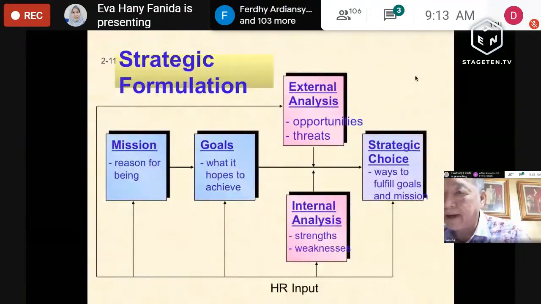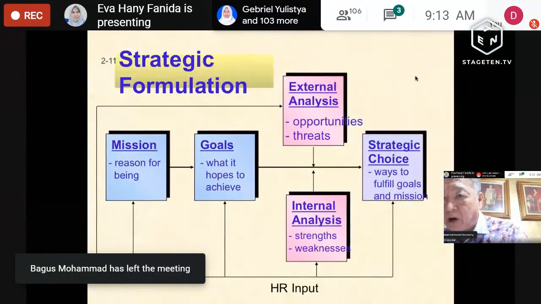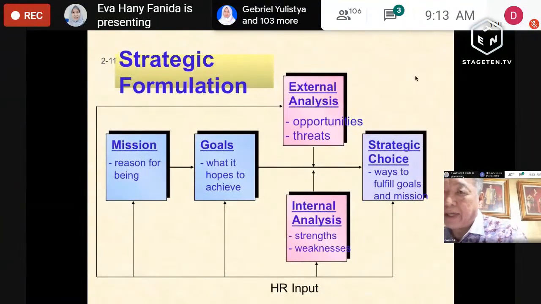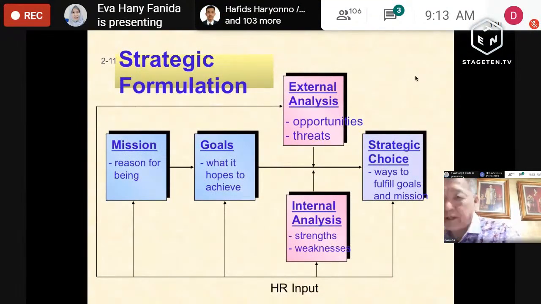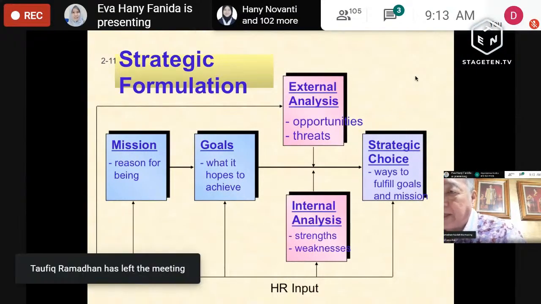Okay. So we know about the goals and we know about the SWOT of the company. So we have to choose the best strategy we can have. We might have many alternative choices.